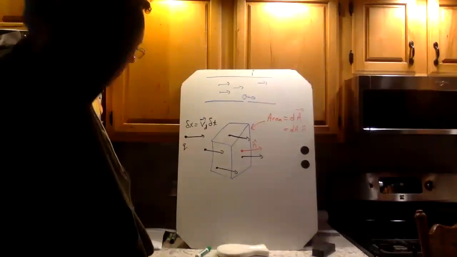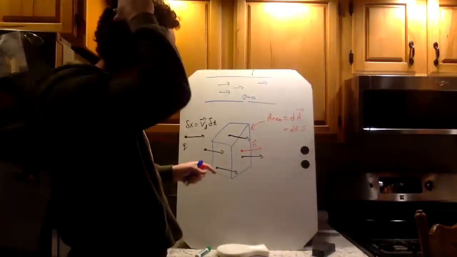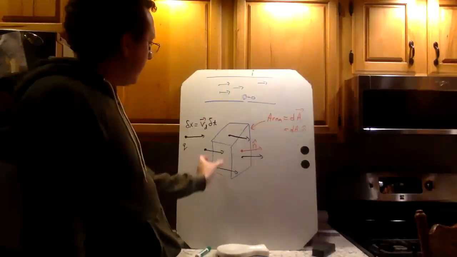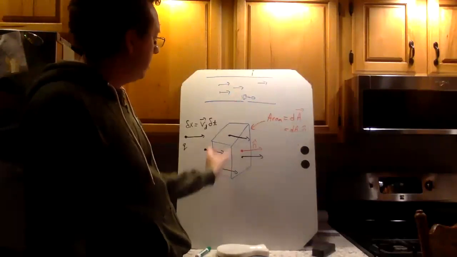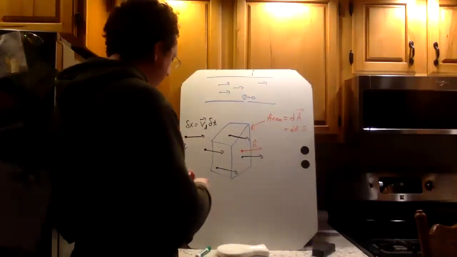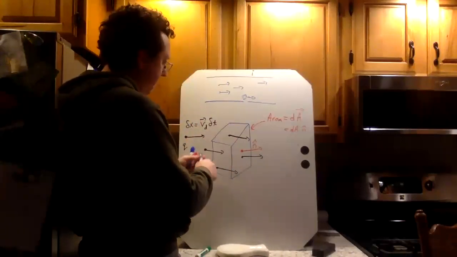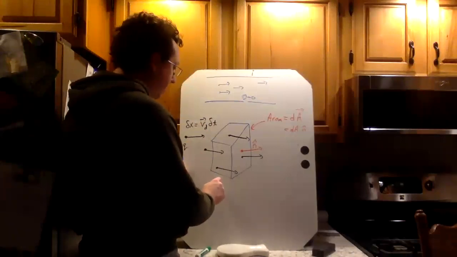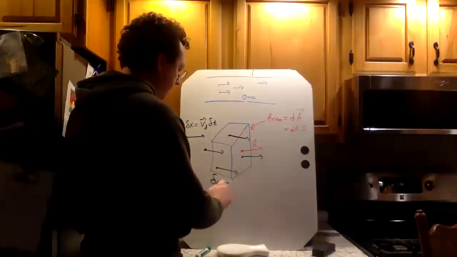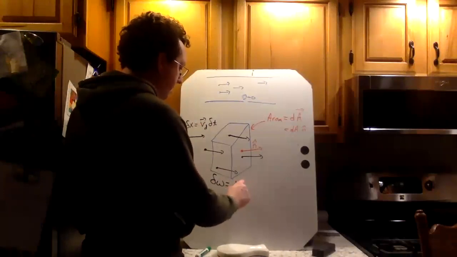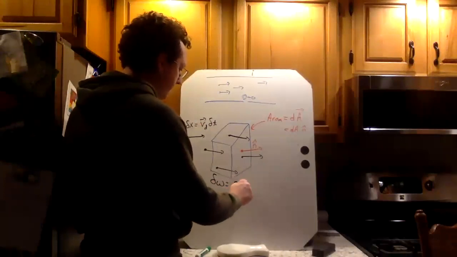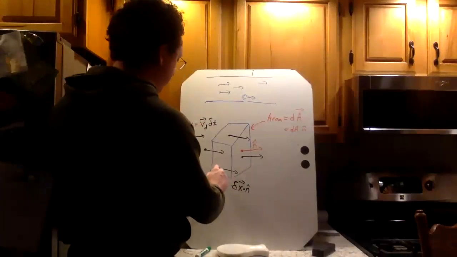Now if I look at a little chunk here, and I adjust the thickness of this little slab to equal delta x, or rather make the width equal to delta x dot n, that's how wide this is going to be.